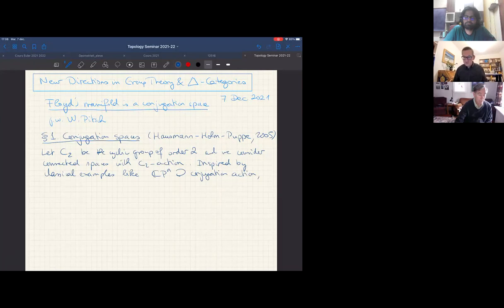Those three authors decided to check what is the nature of this space, which makes it special among spaces with a C2 action.